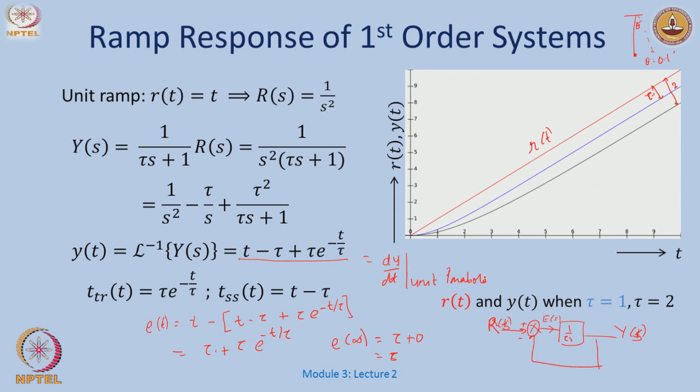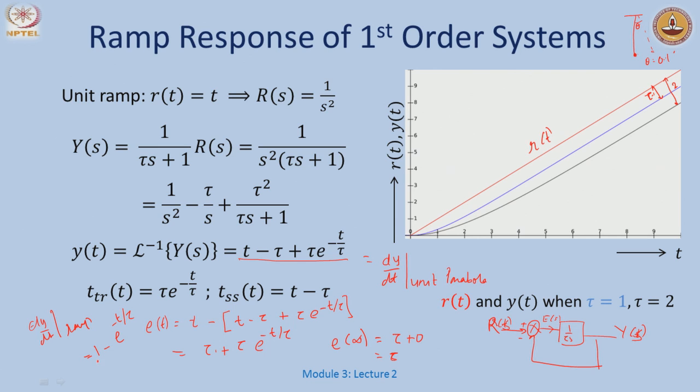Okay. So, I differentiate the response, I get now the response to a unit ramp. So, the differentiation holds until now. Now, let me differentiate this again. dy by dt when the input is a ramp, this will be 1, this will go to 0, this will be a minus e power minus t over tau.